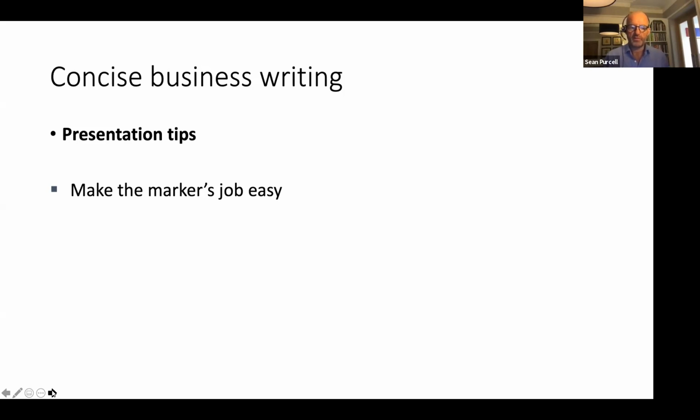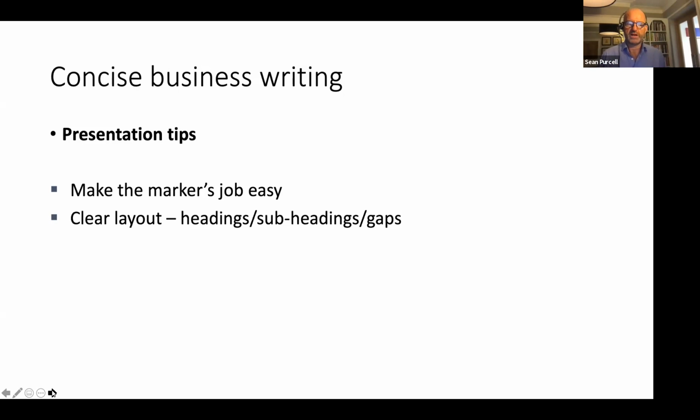Now how do we make the marker's job easy? Well, we use subheadings, we leave white space, we help them navigate our answer in clear layout. Really important. They want to give you marks, you must help them give you marks by giving appropriate number of points to the marking scheme, helping navigation through referencing maybe a requirement in the question as a subheading, leave a gap between each point.